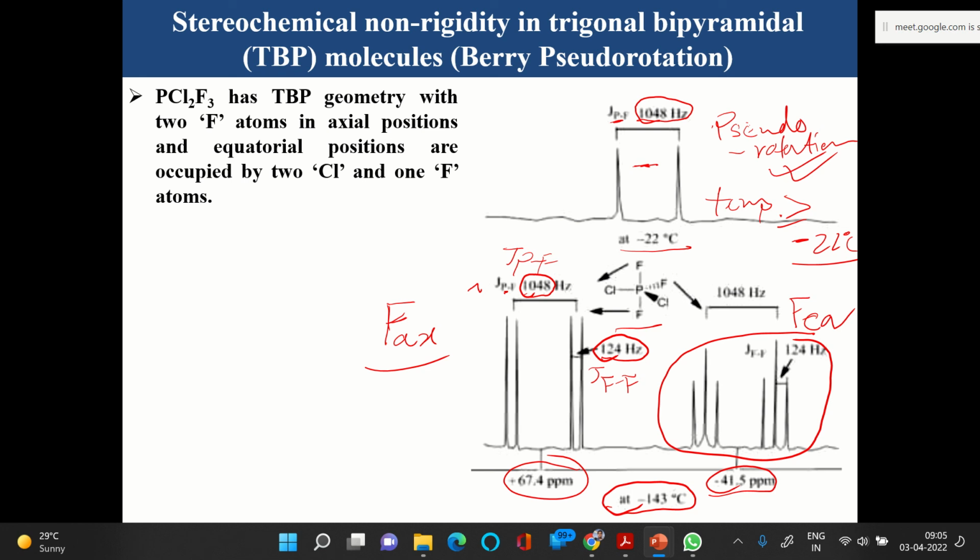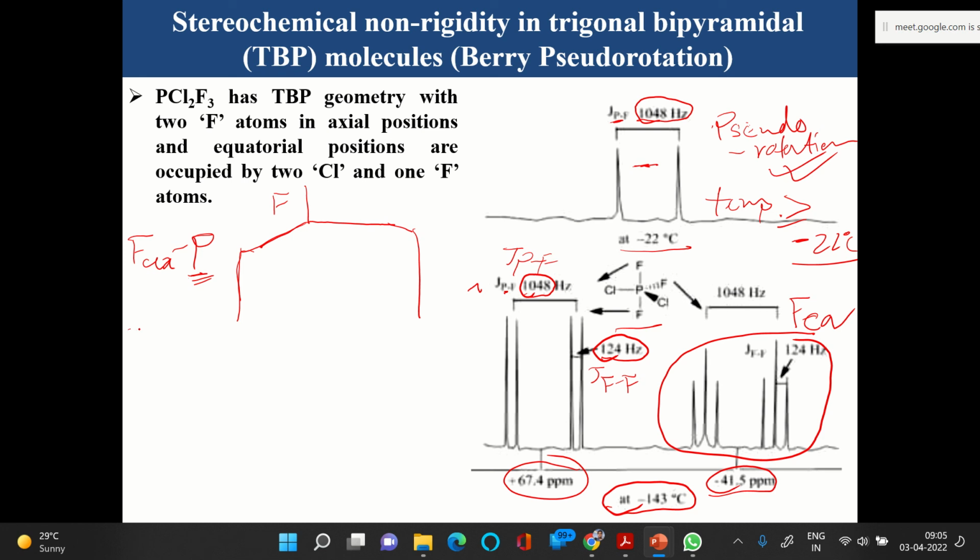So when you are talking about the axial fluorine, there is interaction of F axial with P. You start with F alone, then with the interaction it splits into two, right? And because they are very far apart, this splitting is due to phosphorus-31, which is magnetically active.